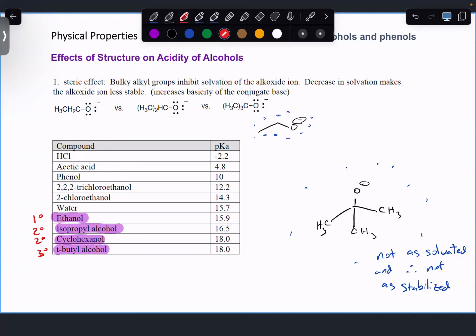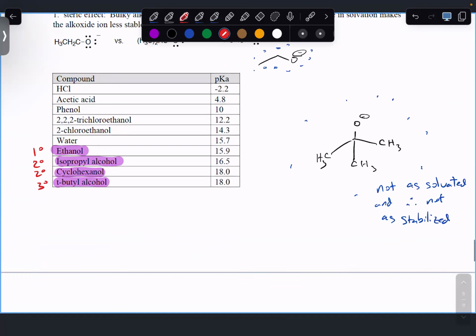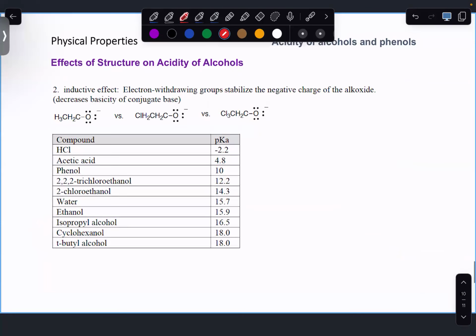Okay, another structural feature that affects the acidity of these things is what we talked about before, the inductive effect. Having electronegative atoms close to the negative charge will stabilize the negative charge.